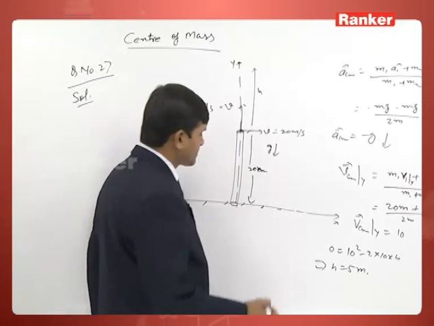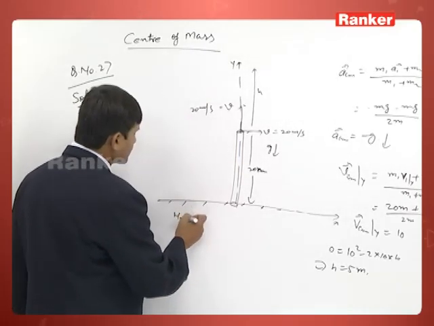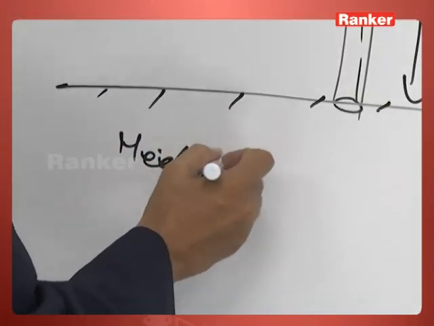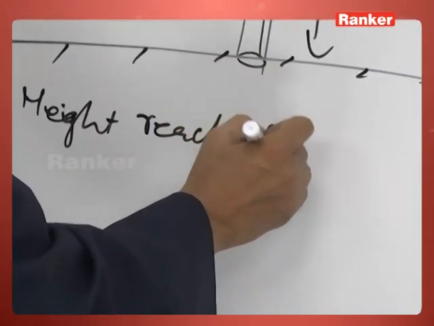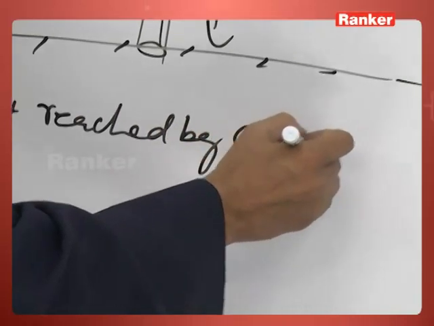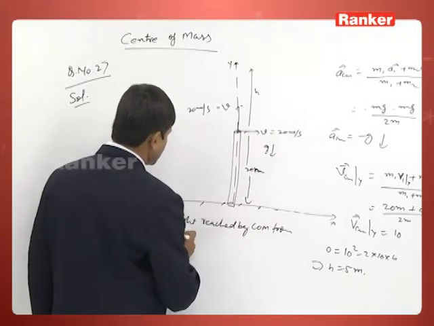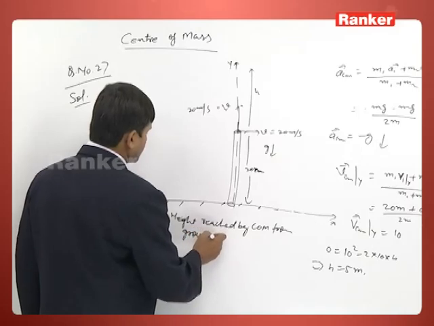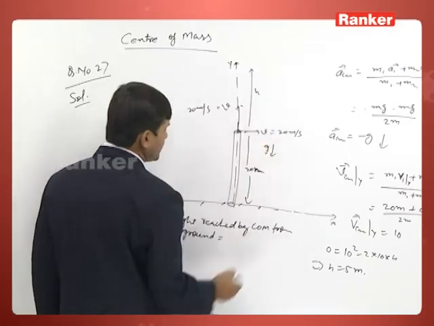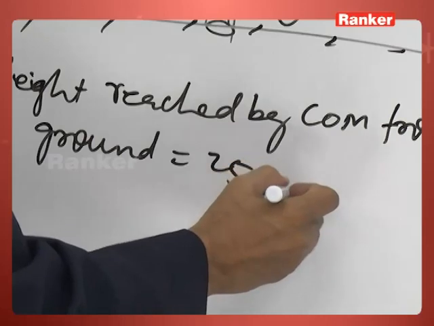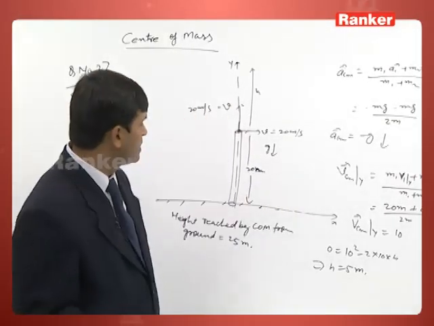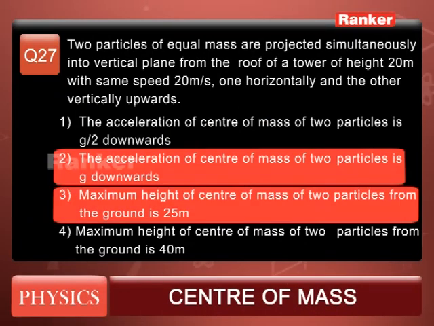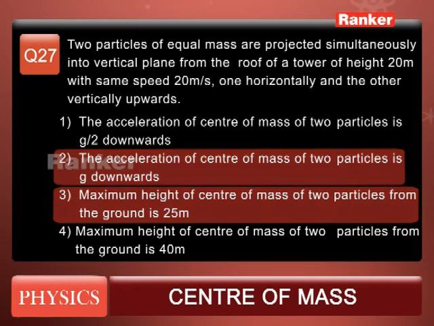So the total height reached by the center of mass from the ground is 20 plus 5, 25 meter. So option number 3 is also correct. So the overall answer is that the second and third options are correct, option number 2 and 3.